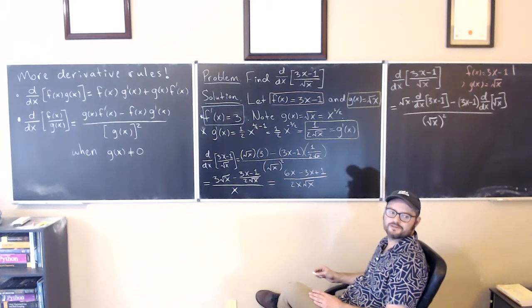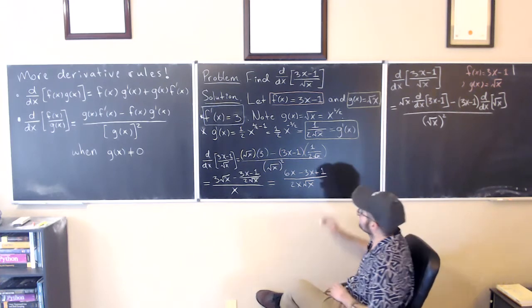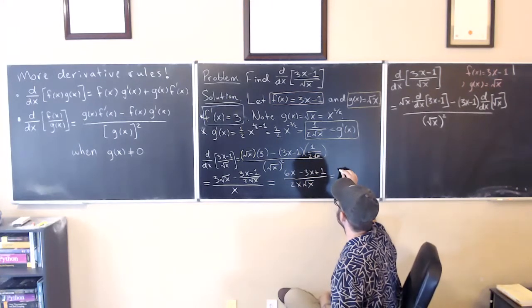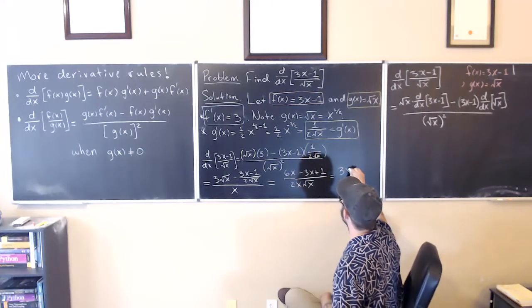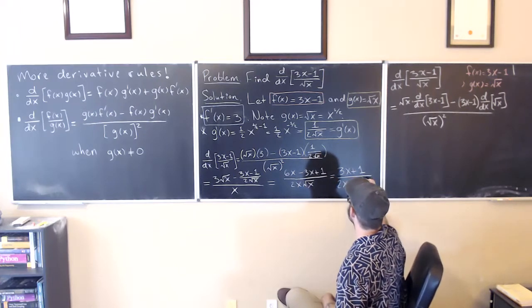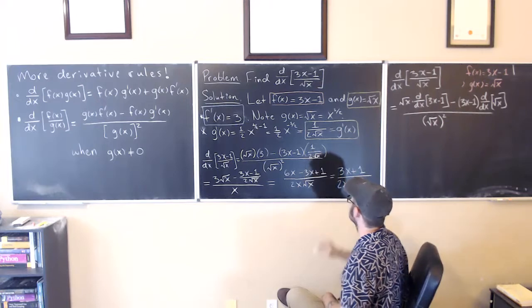You see what I did there? Which, by the way, simplifies to 3x plus 1 over 2x root x.